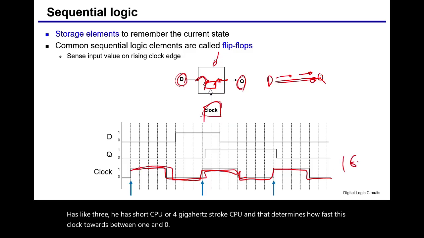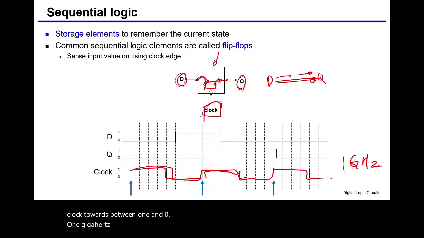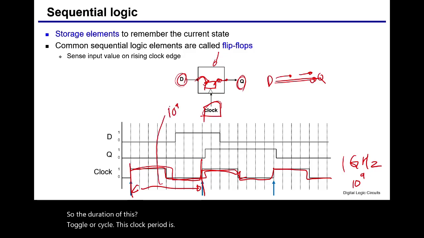A 1 gigahertz clock means it toggles between 1 and 0 10 to the 9 times per second. So the duration of this toggle or cycle, this clock period, is 1 over 10 to the 9 seconds in a 1 gigahertz clock CPU.